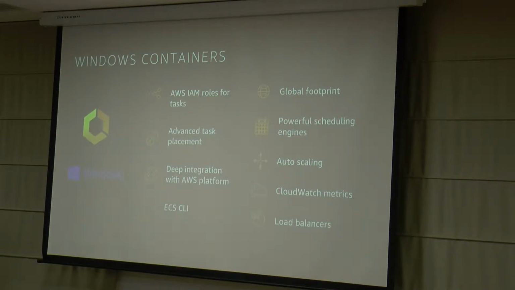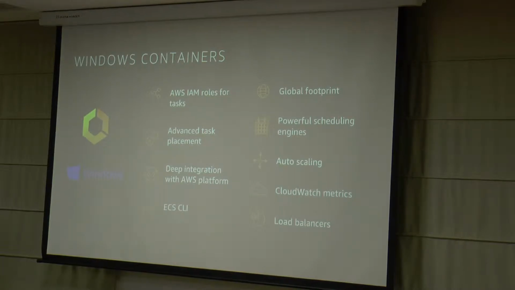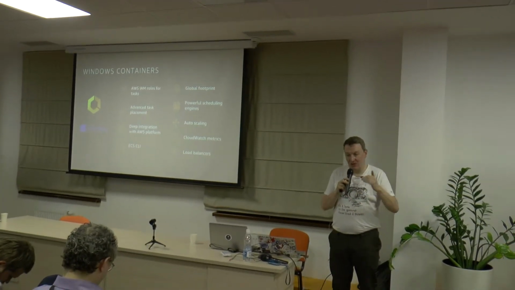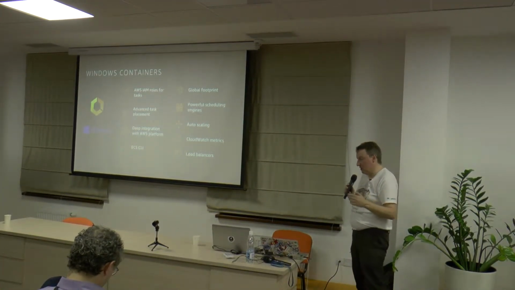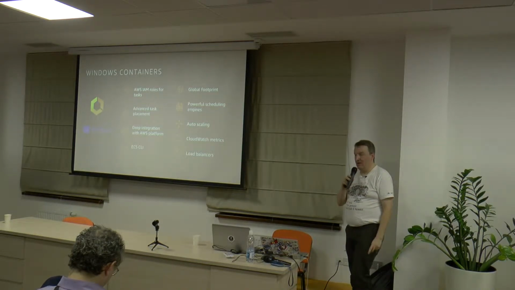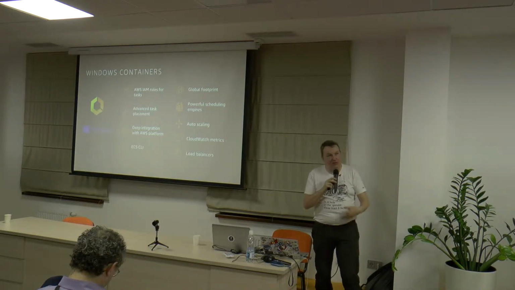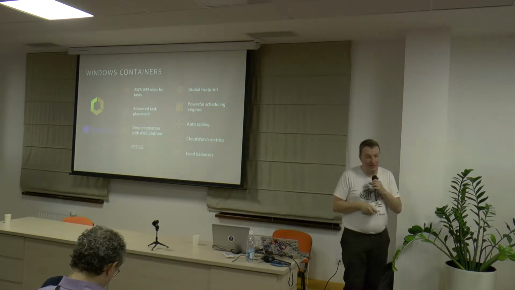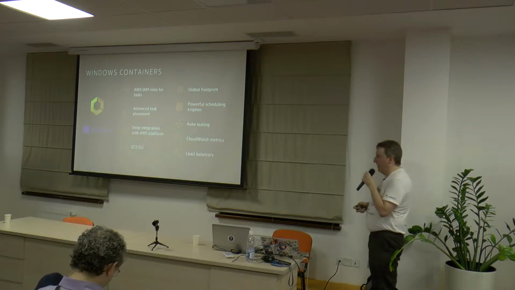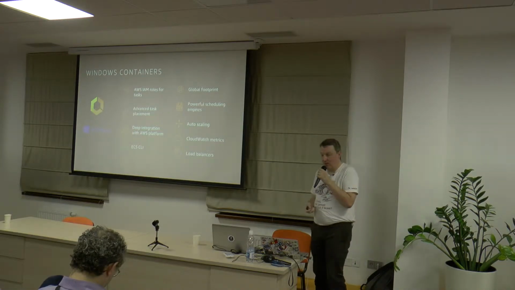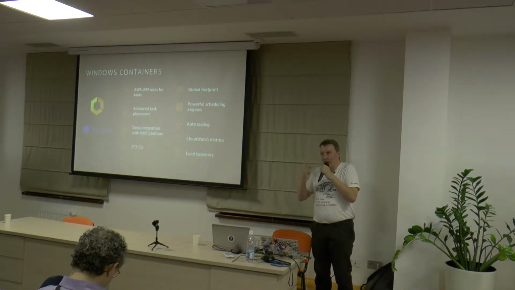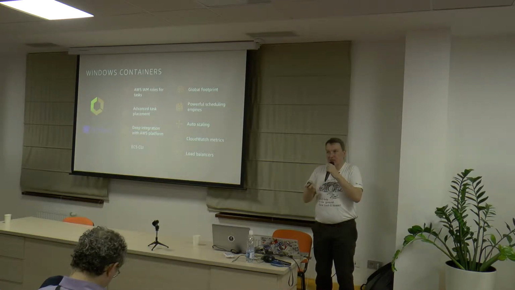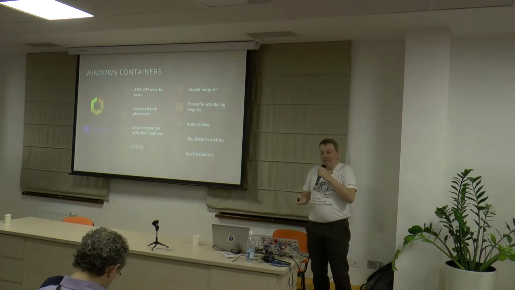It was quite successful, but then, like I said, customers are never happy, and that's great. They keep pushing us. They're like, okay, it's still based on EC2, right? So we still need to worry a little bit about VPCs and security groups and IAM roles and load balancing. Can you make it even simpler? What we really want to do is run tasks. Can we just take a container and run it and not worry about anything?